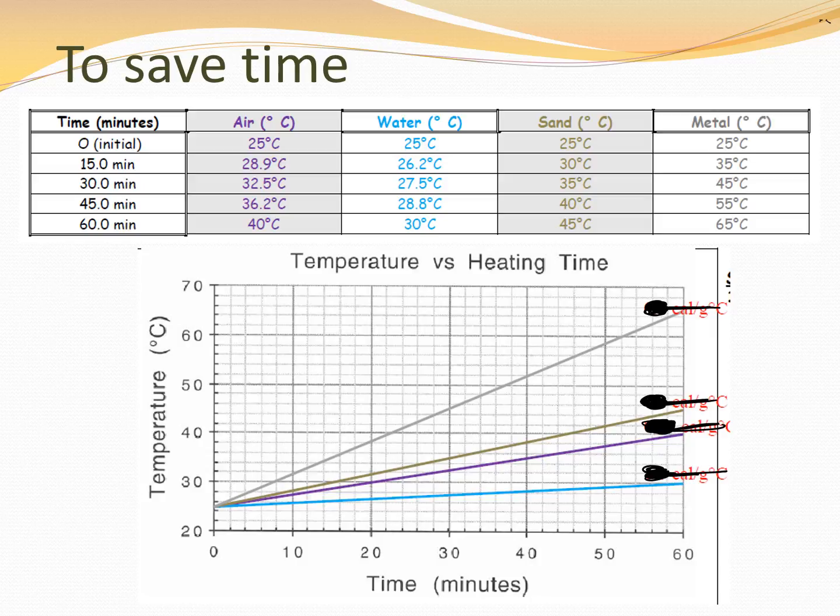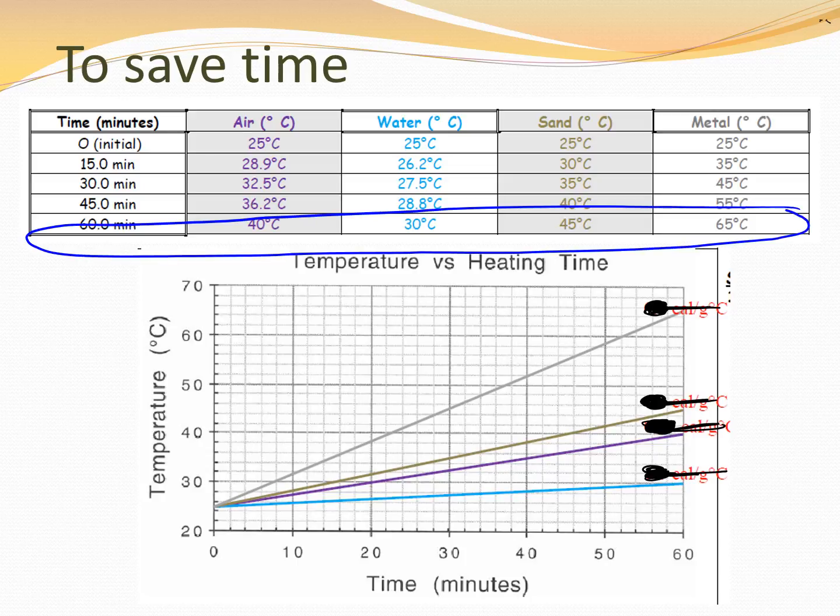To save you some time, I already color coded the substances that you'll be working with today: air, water, sand, and metal. And so you can use these colors to color code your graph. That means you don't need to plot your points. All you got to do is draw the graphs as shown here in the video. The only thing you need to look at is now to analyze what's going on. So for example, at the 60-minute mark, we notice that metal changed temperature really quickly.